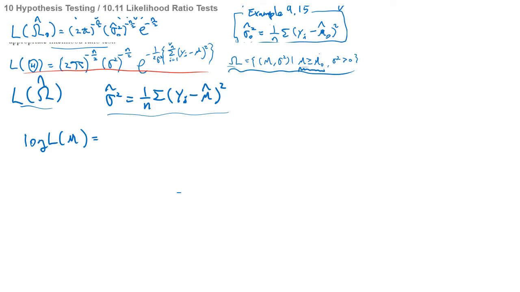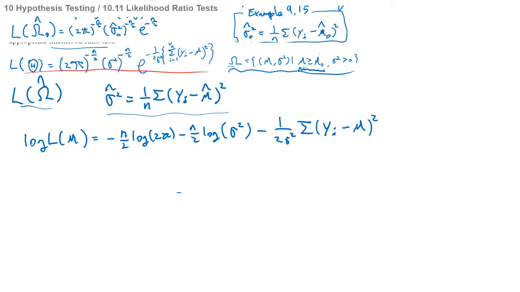This is minus n over 2 log 2 pi, minus n over 2 log sigma square, and minus 1 over 2 sigma square sum of (yi minus mu) squared.